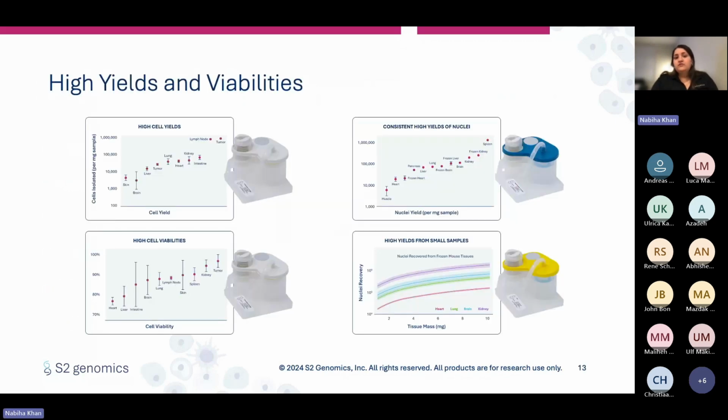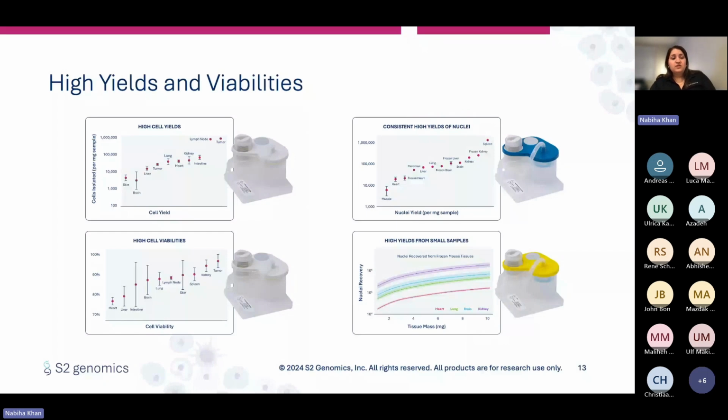The Singulator achieves high yields and viabilities from cell isolations across various tissue types. Depending on the expected cell density of the tissue, you can observe cells anywhere from around 5,000 cells per milligram of tissue to hundreds of thousands of cells per milligram of tissue with viabilities of 80% or higher.